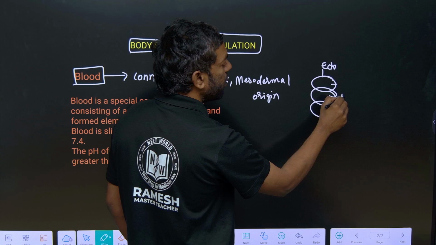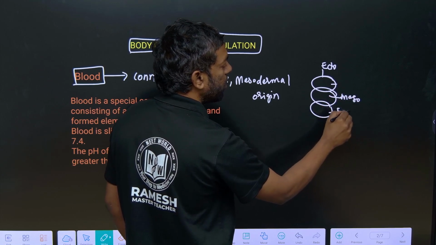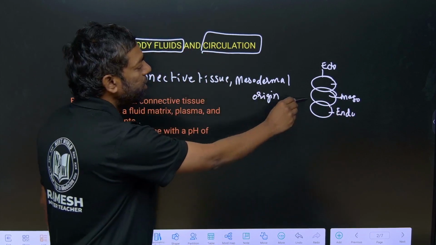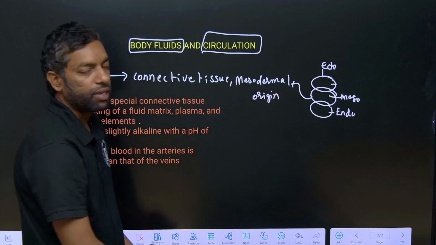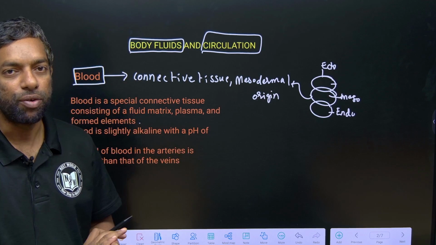So connective tissue is of mesodermal origin. Blood is the connective tissue which is of mesodermal origin.